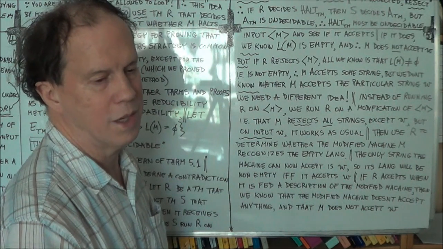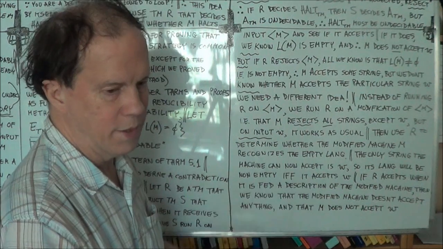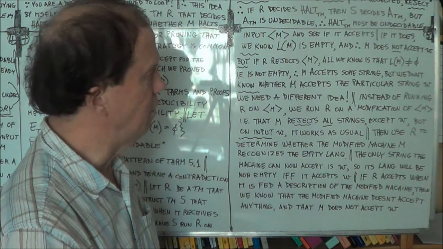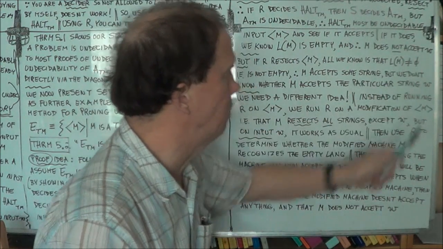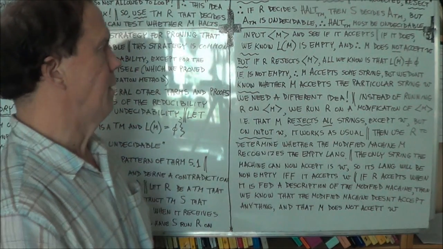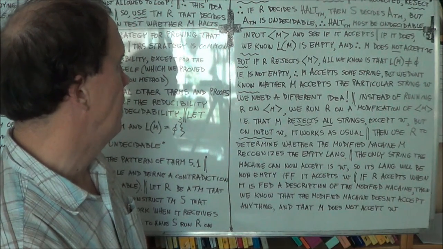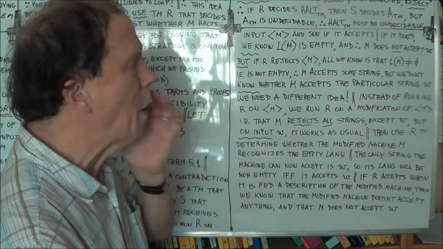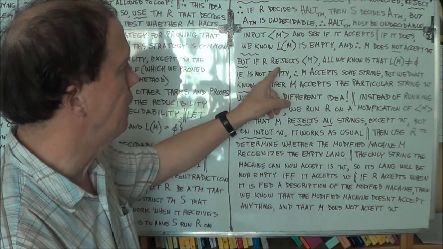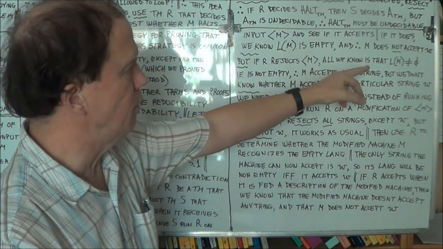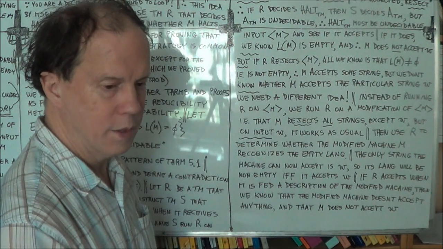That's it. It could be some other string, not W, that's causing L of M to be non-empty. So that's the problem. We've got a problem there. We can't use R because it's not giving us information about our particular W.